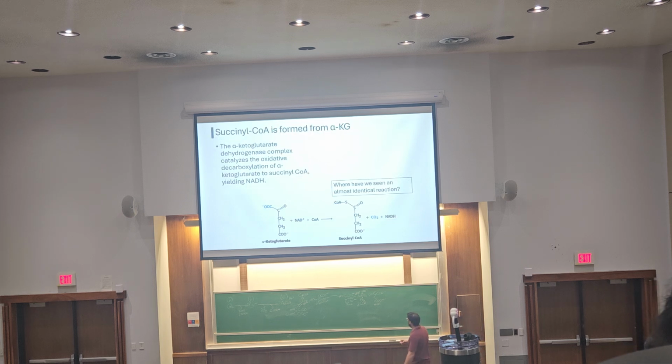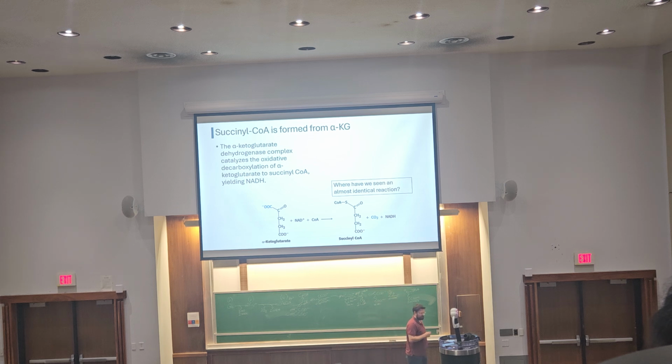Succinyl-CoA is formed from alpha-ketoglutarate. Alpha-ketoglutarate is now oxidized by the alpha-ketoglutarate dehydrogenase complex, right, to form succinyl-CoA. And this is kind of strange then, right? So we lose this guy. Here we have succinyl-CoA, right? So out, we've got carbon dioxide.